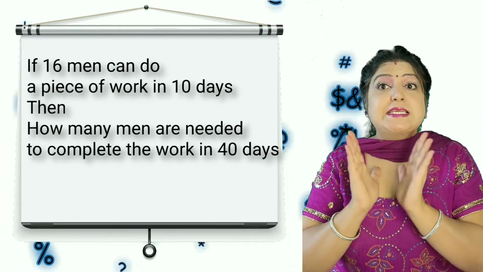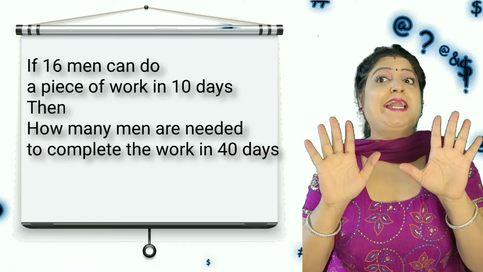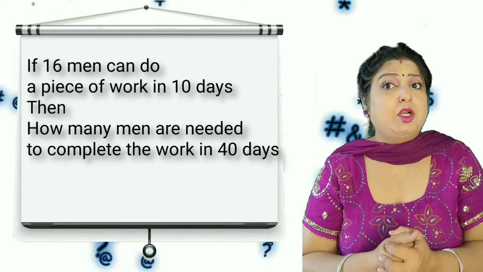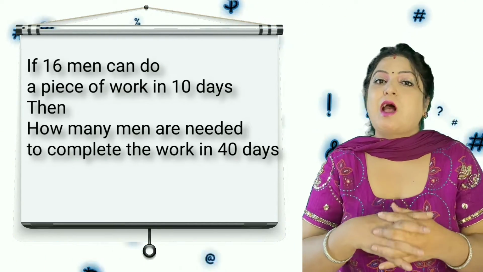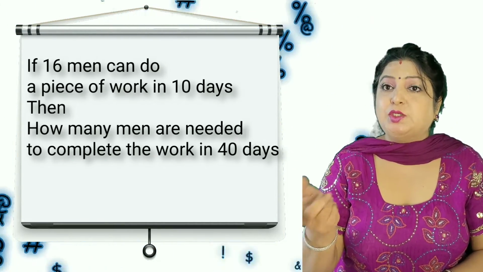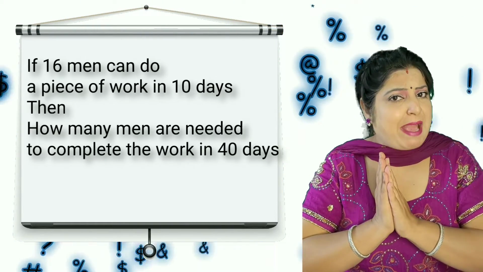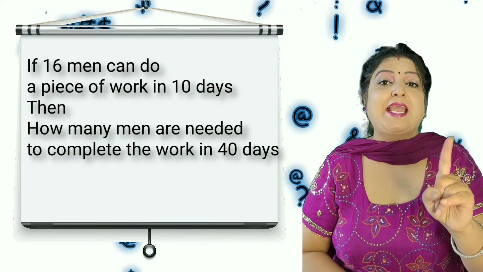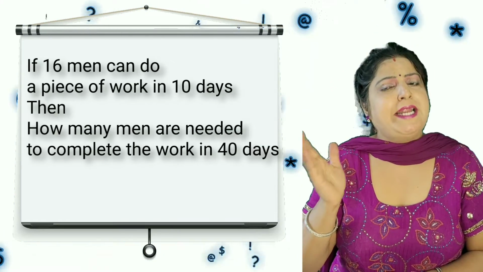If 16 men can do a piece of work in 10 days, how many men are needed to complete the work in 40 days? Now let us see its solution. To do a work in 10 days, 16 men are needed, or to do the work in 1 day, 16 multiplied with 10 men are needed.